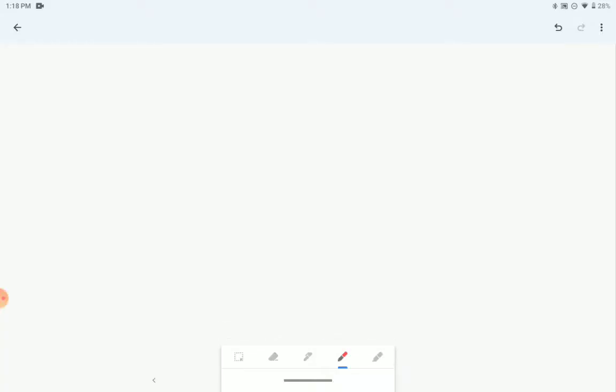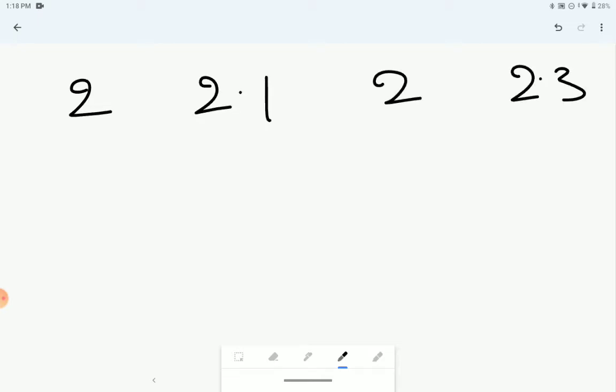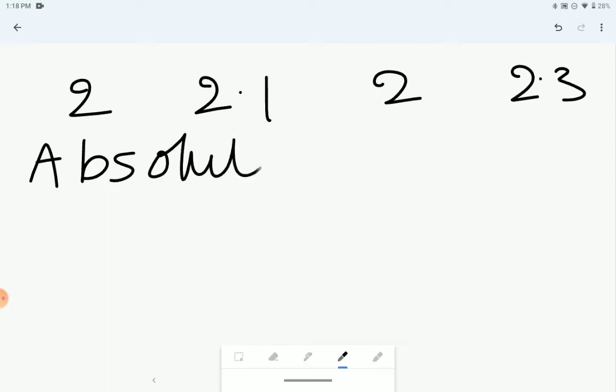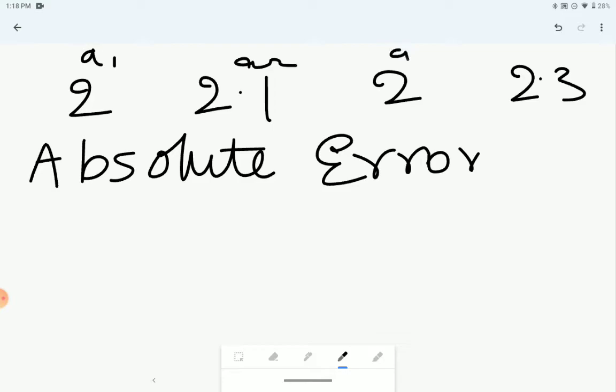Now, what is error? First you took 2 seconds, 2.1, 2, 2.3, right? Then the error is actually defined as absolute error. Absolute error comes out to be, we thought a1, a2, a3, a4. The absolute error of the first term a1, that is the first time we measured.